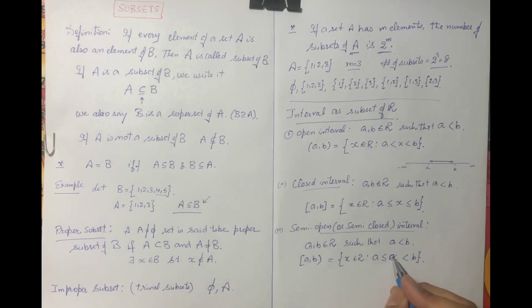We can easily check this. This left hand side is included but right side is not included, strictly less than b. Another type is this. We can express this as x belongs to R with a less than x less than or equal to b. So these types of sets are called semi-open or semi-closed sets.